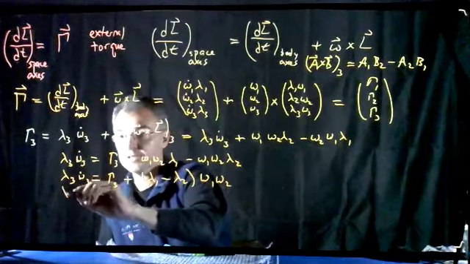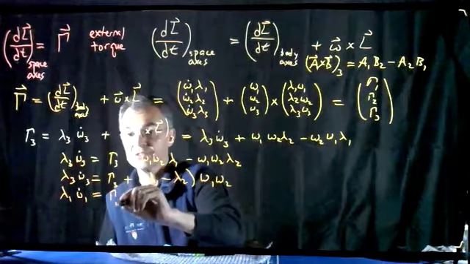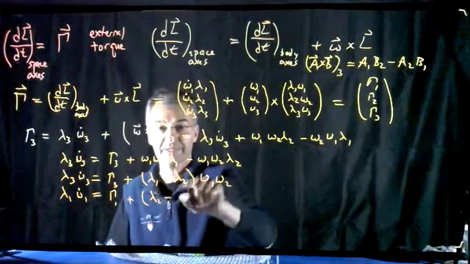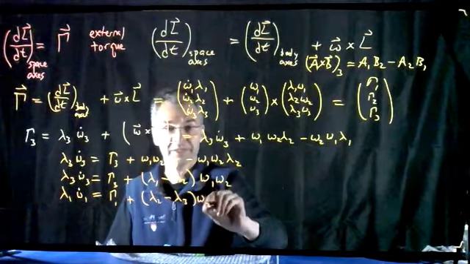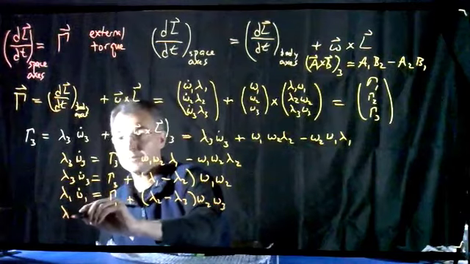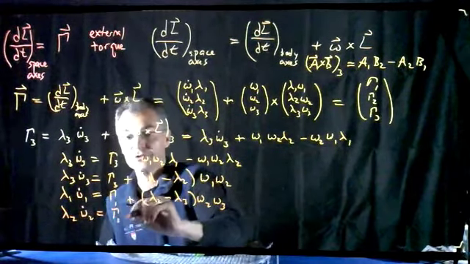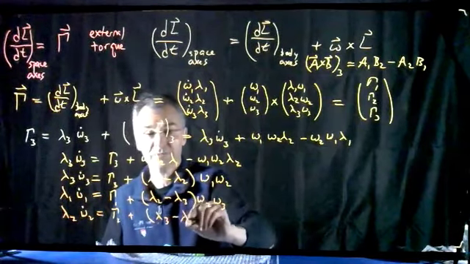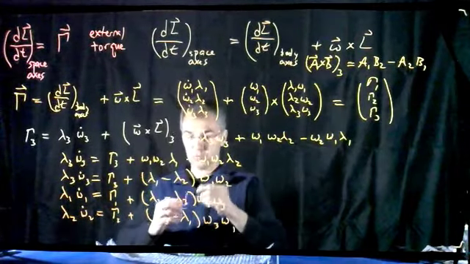So 3 becomes 1: lambda 1 omega 1 dot equals gamma 1 plus, 1 becomes 2, 2 becomes 3, lambda 2 minus lambda 3, omega 2, omega 3. And lambda 2 omega 2 dot is gamma 2 plus lambda 3 minus lambda 1, omega 3, omega 1.